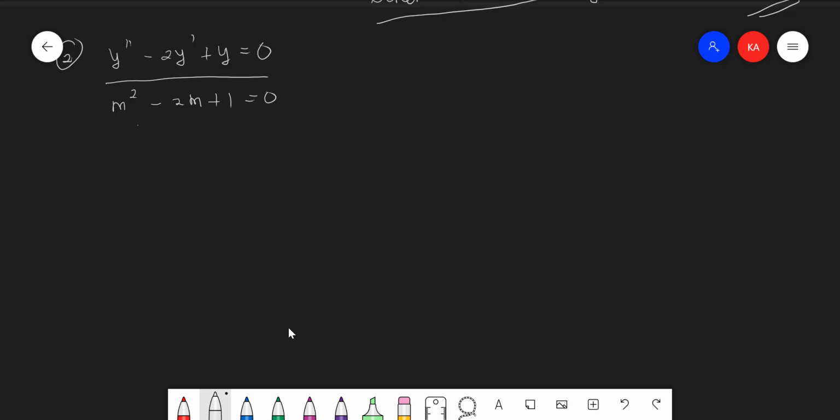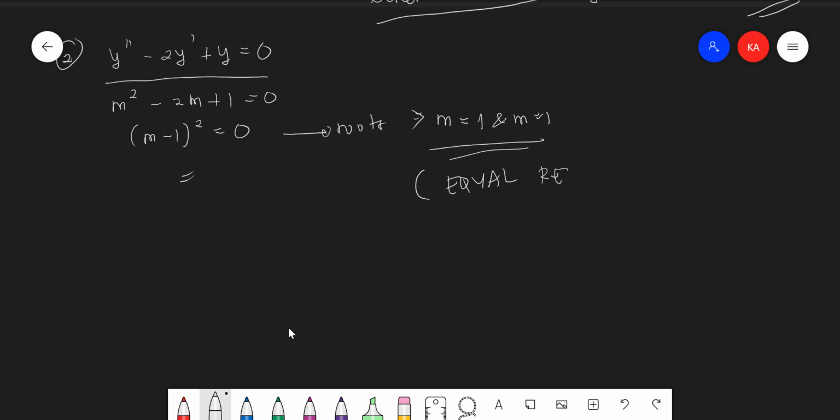So the root is m minus 1 squared is equal to 0, so m is equal to 1, twice. Okay, so we have equal real roots.